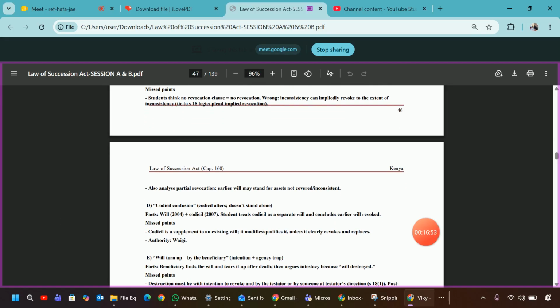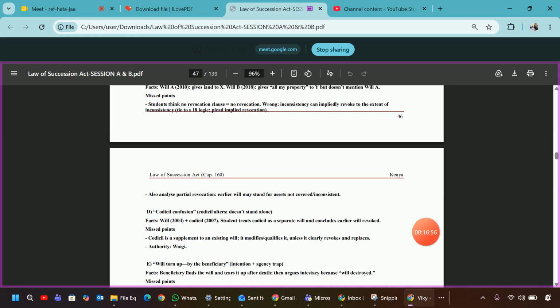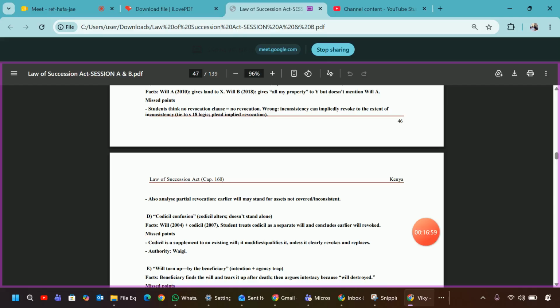The earlier will may stand for assets not covered or not inconsistent. Maybe he has reiterated the same assets in the new will, so the same assets are covered in both wills. But for assets not covered in the new will, we can say there is a partial revocation.